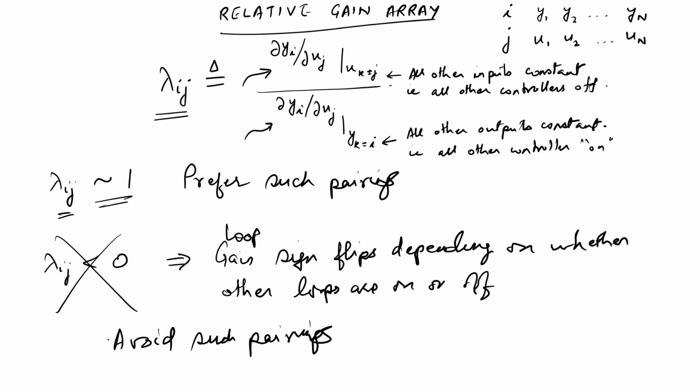Okay. Now how do you calculate the relative gain? When you calculate the relative gains for all the ij elements, i going from 1 to n and j going from 1 to n, you get the relative gain array. How do you get the relative gain array?